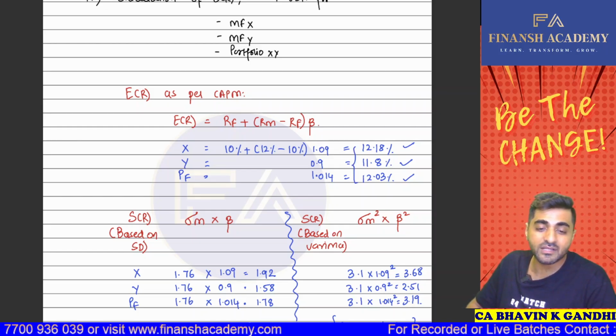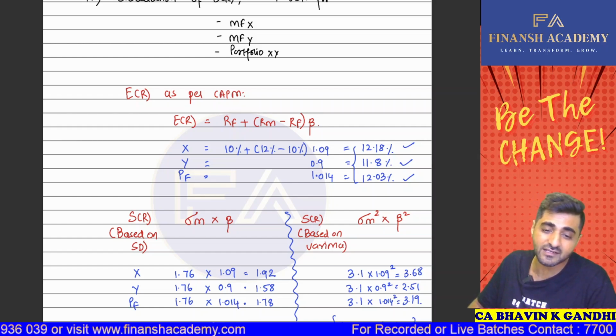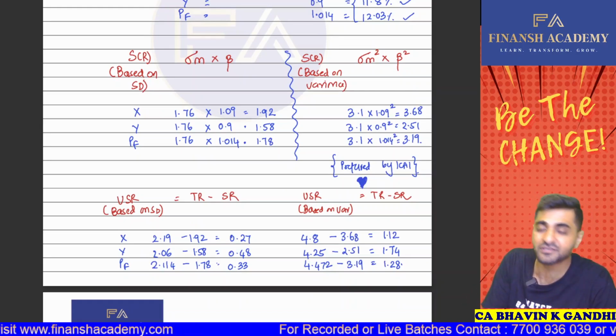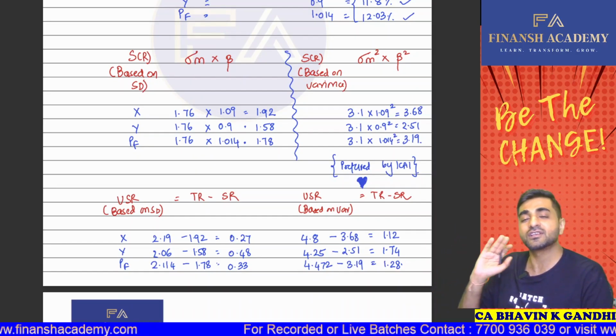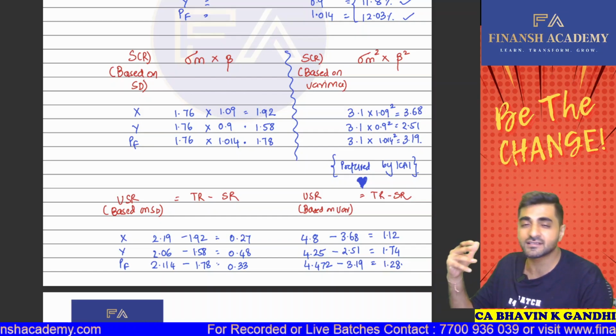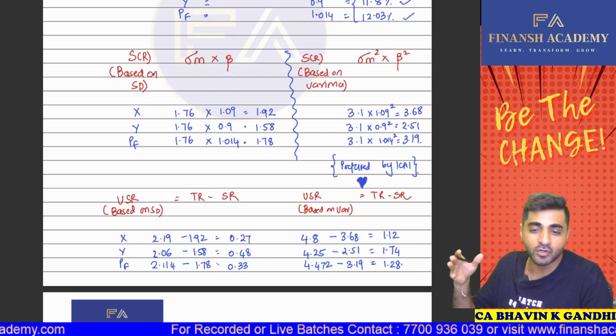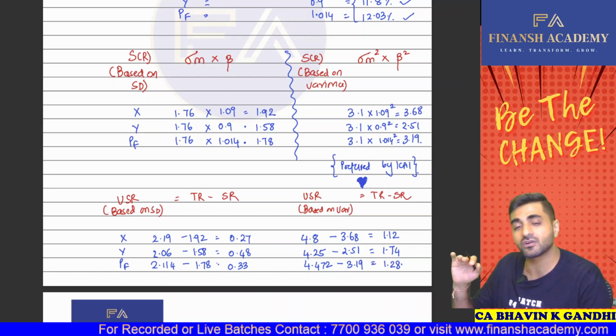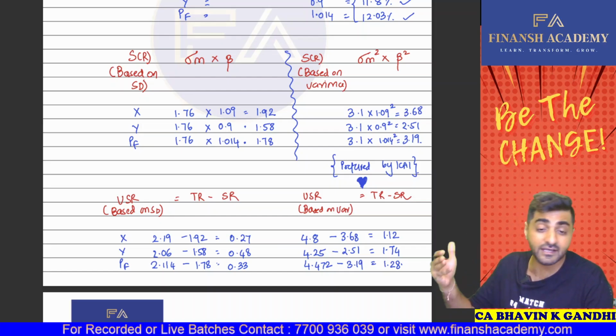And what is going to be the systematic risk? So systematic risk, I have calculated on both the cases, that is based on standard deviation also and based on variance also. So institute usually prefers based on variance, okay, but I leave it up to you. You can do it based on your standard deviation also and based on your variance as well.